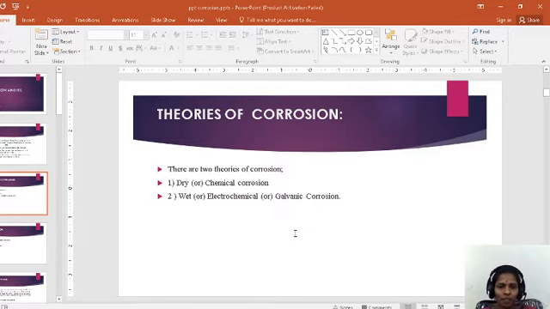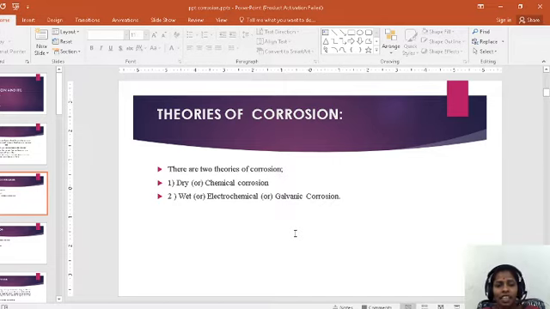Whatever ore is existing in the environment is thermodynamically more stable, whereas the pure metal is unstable. So the pure metal immediately reacts with the unwanted impurities in the environment and again forms an oxide layer.